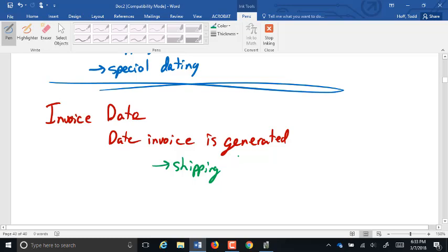Generally not the date the order is received, it's the date that the order gets sent out from that supplier towards the retailer who's purchasing it. So let's look at that part of the terms of sale.